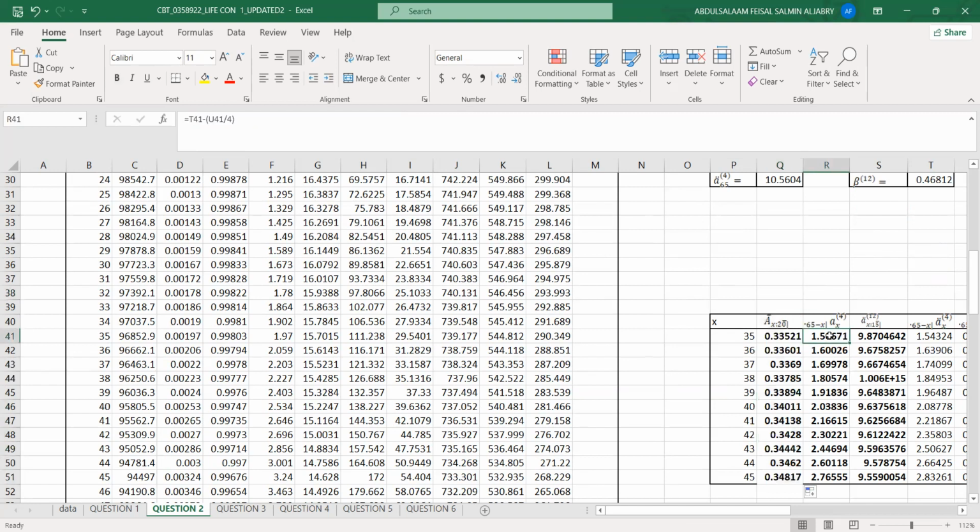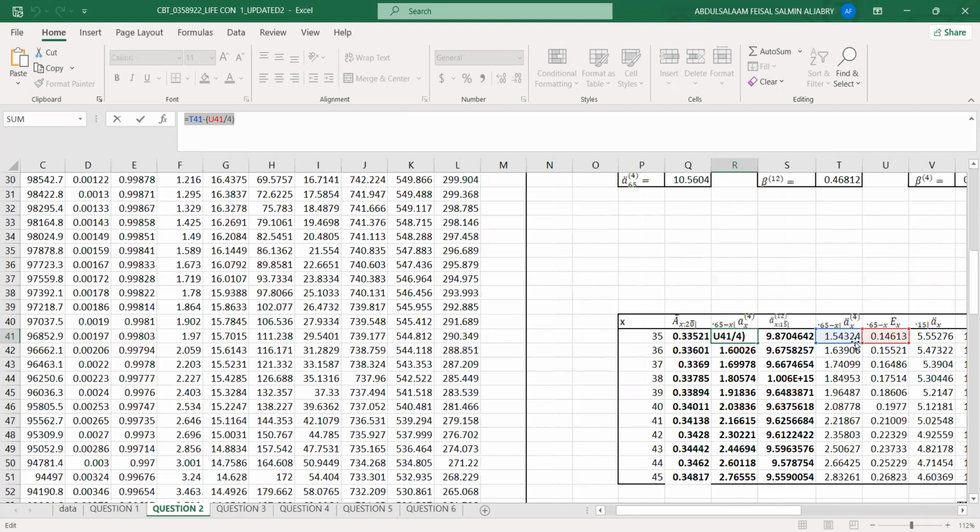Okay, to get this one, we just need to take this value, 65 minus X deferred annuity due minus U, which is 65 minus X EX. But we don't have these two values, so we need to find them. We need to find this first.